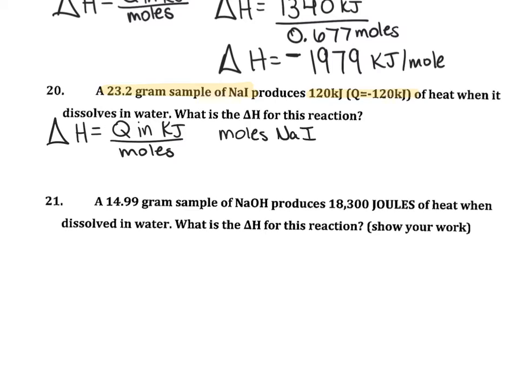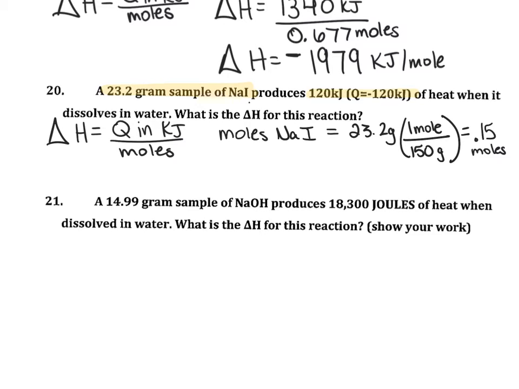This is where our stoichiometry comes into play. We are going to take our 23.2 grams of NaI and use the molar mass of it. The molar mass is about 150 grams; 1 mole of NaI weighs about 150 grams. So we have 0.15 moles of sodium iodide.